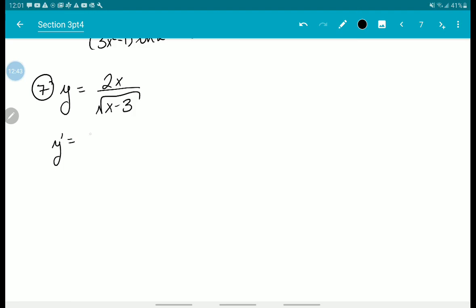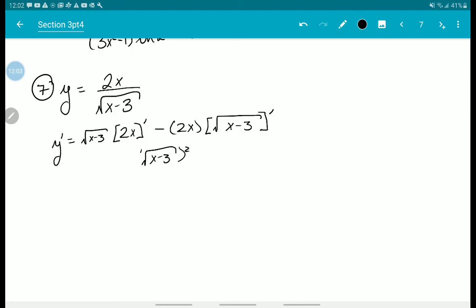Quotient rule says it's the bottom times the derivative of the top minus the top times the derivative of the bottom over the bottom squared. The derivative of 2x is 2. But we're going to have to take the derivative of this, and that's going to be a chain rule problem.